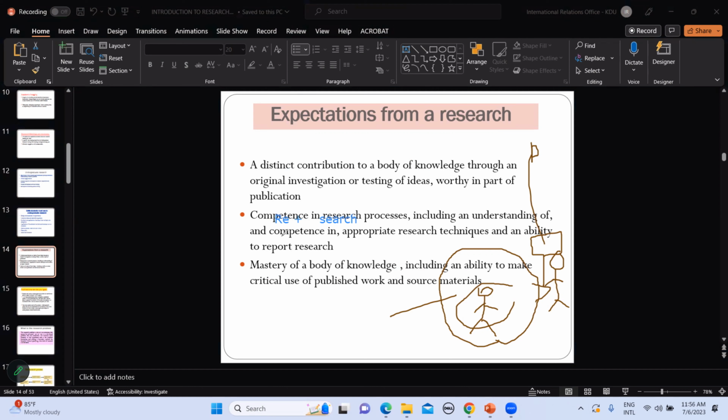You have other databases, for example Ingenta. There are engineering and technology, research, and medicine databases, so that you can get the journal articles.